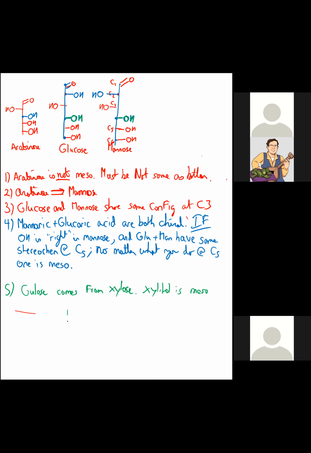Now, we also know that glucose is the head to tail enantiomer of glucose.